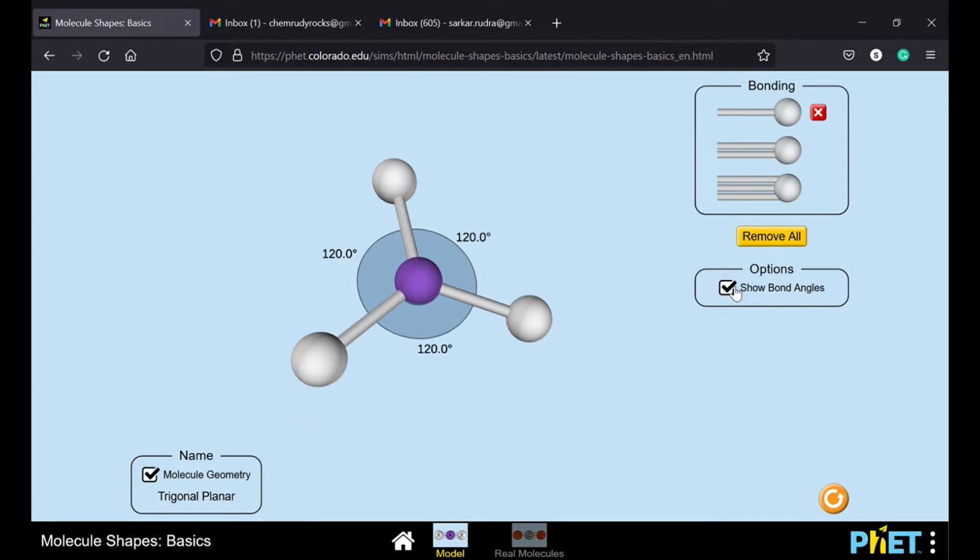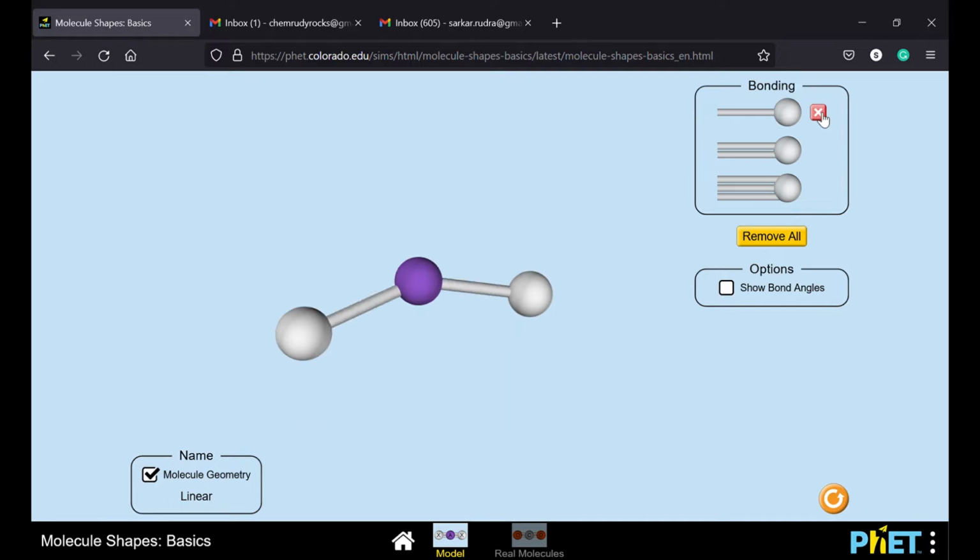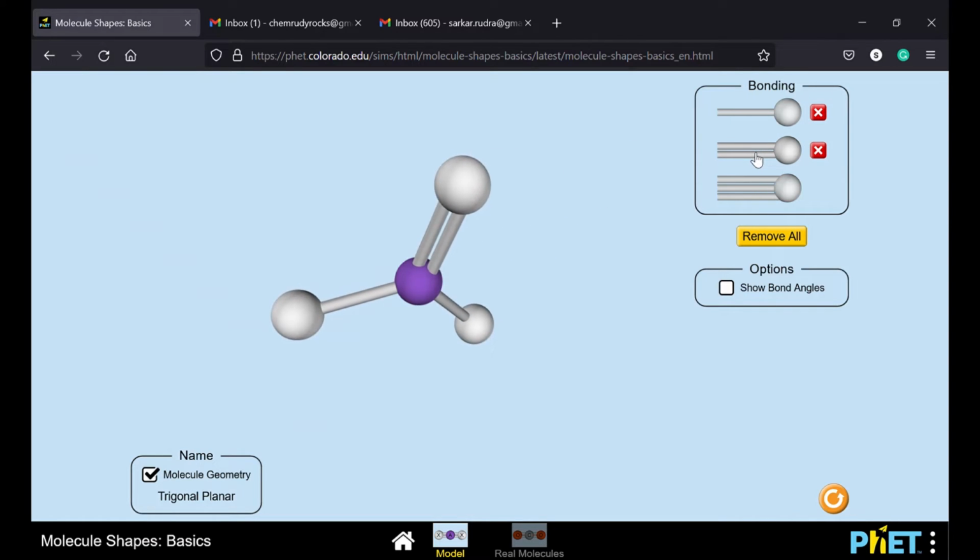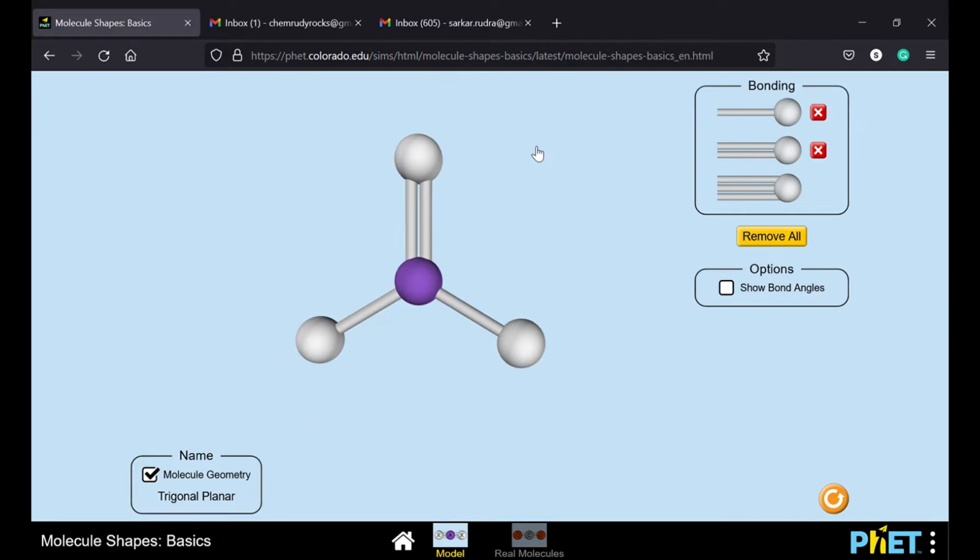Now what will happen if instead of a single bond we have a double bond? We'll remove the single bond and attach one double bond. Suppose I am discussing a molecule like phosgene, COCl2.